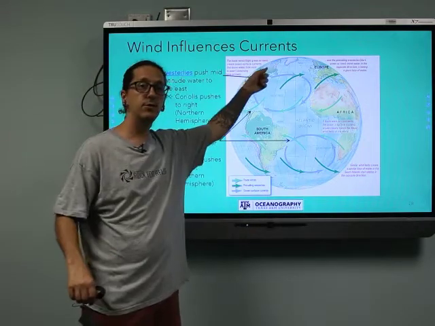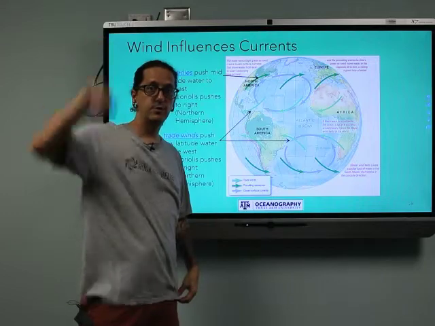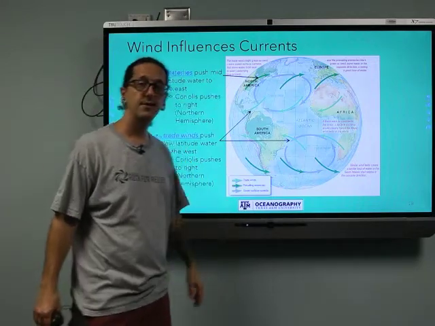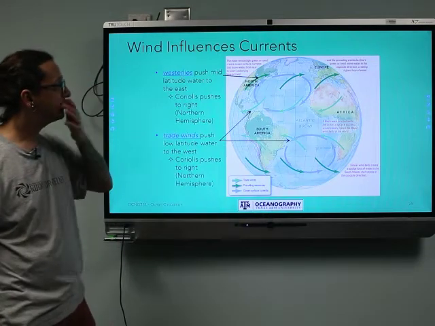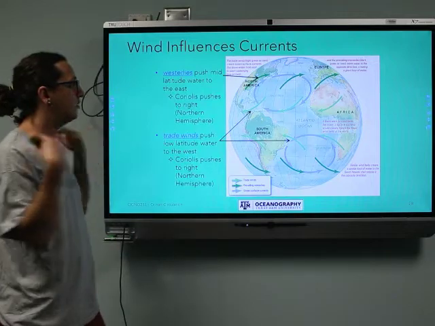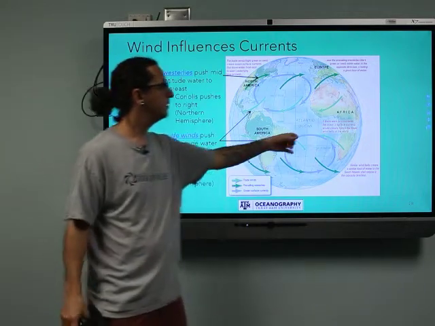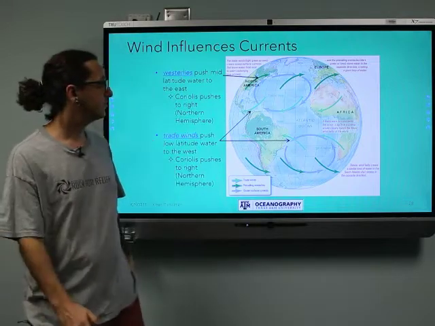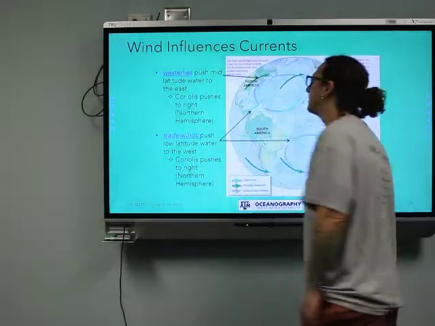So they're basically what causes the northern and southern edges, in their respective hemispheres, of the subtropical gyres. And then we have the trade winds pushing things the other way, which form the northern and southern ends in their respective hemispheres of the subtropical gyres.